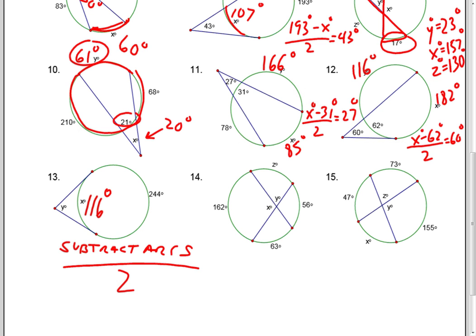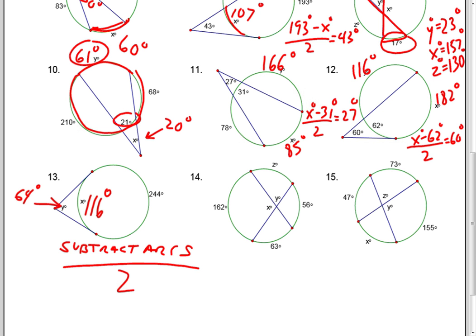If you're stuck on something, it's because you've forgotten what the total of something is. In this case, it's 360. So 244 minus 116 divided by 2 gives you 64. Is that right? Is that right?